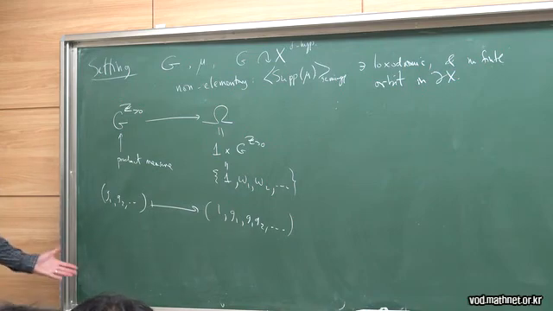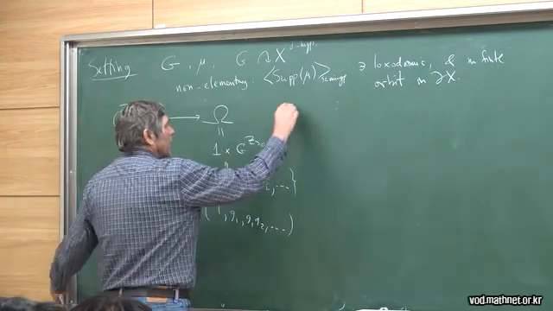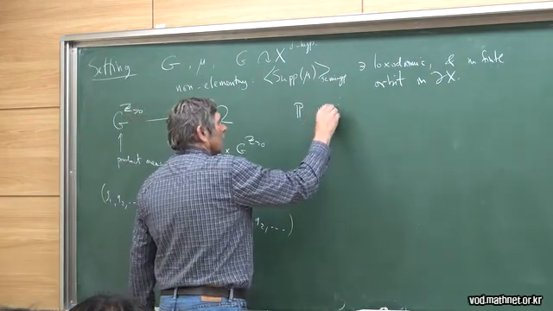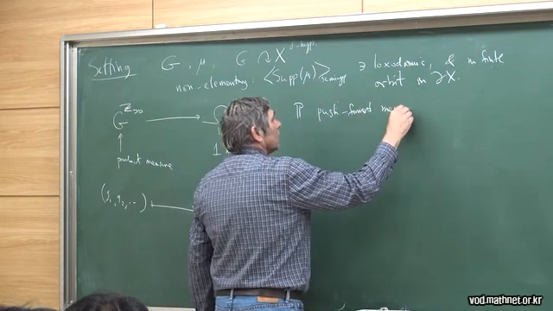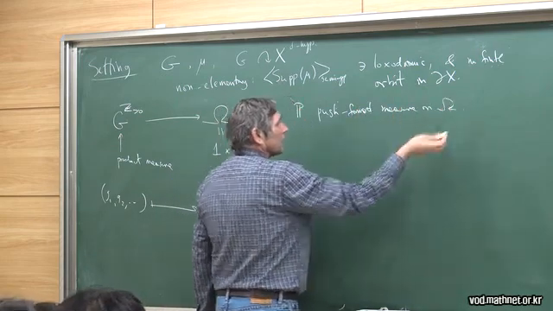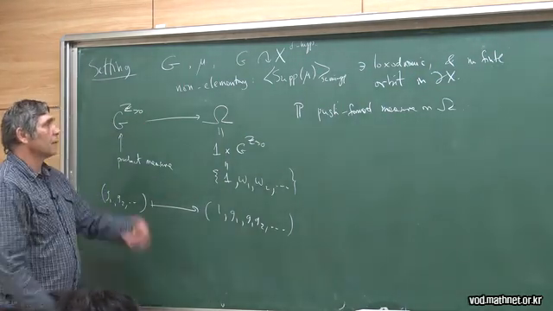And then you push forward this product measure over here. So P is the push forward measure on omega. Okay, so that's the probability measure that we have on the space of these paths. These are called sample paths.